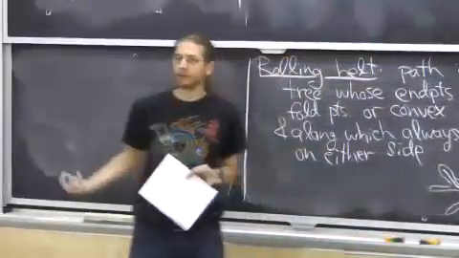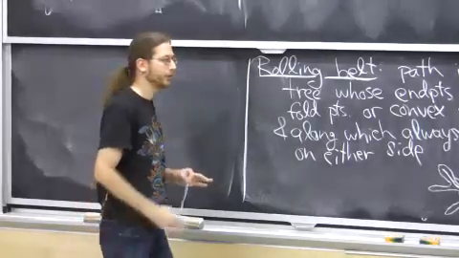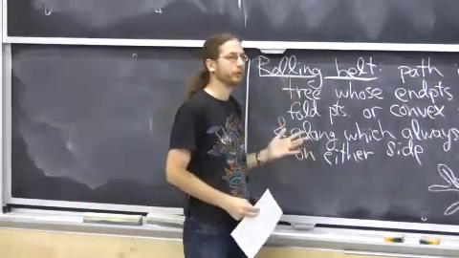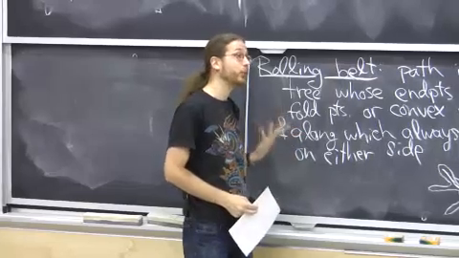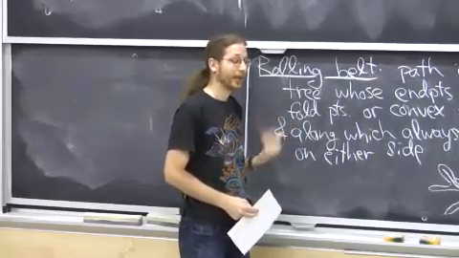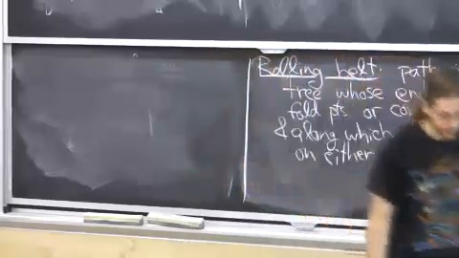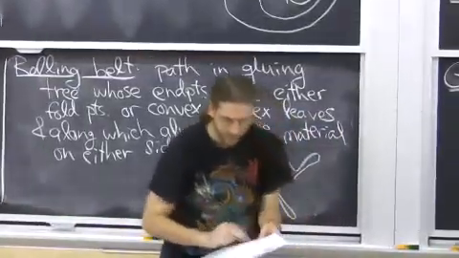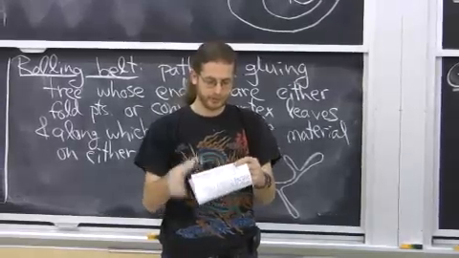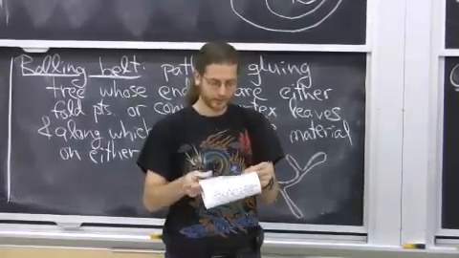Turns out this is the only way to have an infinite set of gluings. All infinite gluings will look like rolling belts. Now, there can be more than one rolling belt in a single example. And this I can even build. Pretty simple. I take a rectangle, and I glue it into a cylinder.